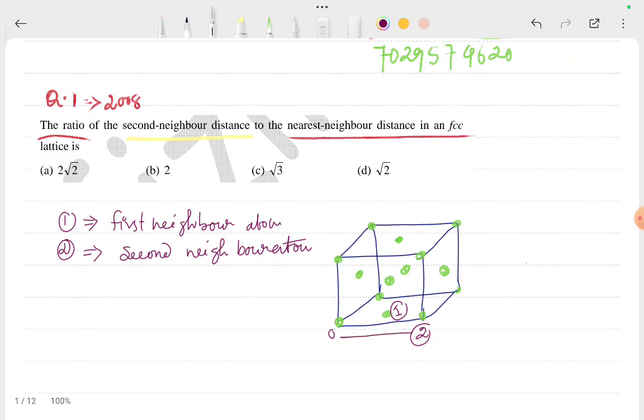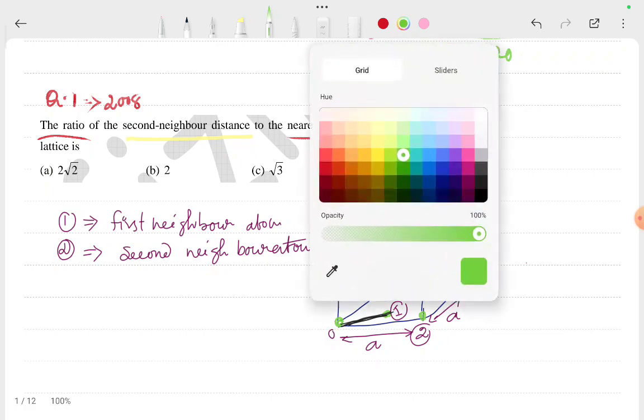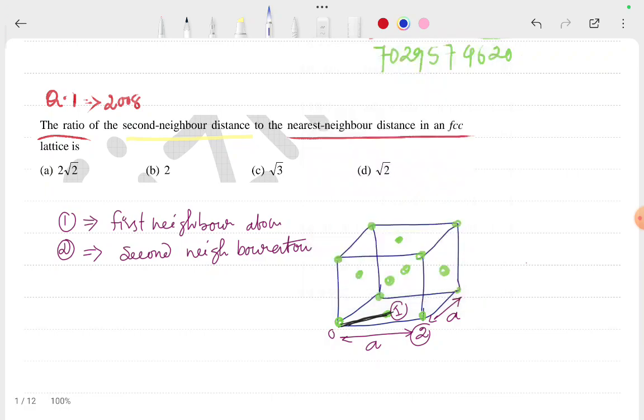This is the lattice parameter, called a, and this side is also a, as this is a unit cube and all sides are the same. To calculate the first nearest distance, we calculate the face diagonal, the distance between corners, and then divide by 2.